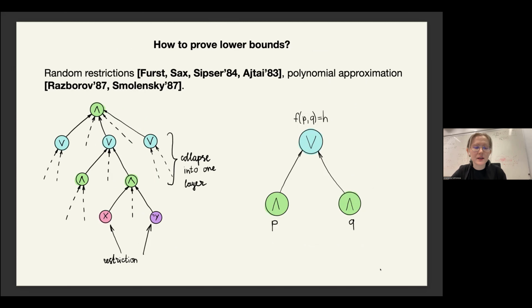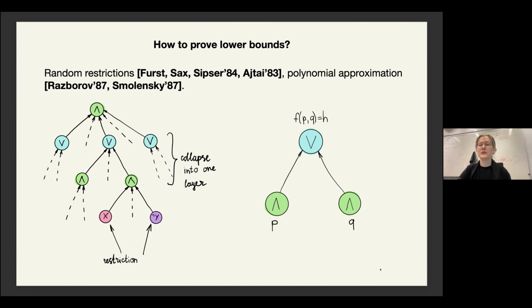The idea is that you have your constant depth circuit of not such a big size. So you can apply a random restriction in such a way that after applying it and killing some of the variables at the bottom, you're able to collapse 2 bottom layers into 1. So you're reducing your depth by 1. You can do this again and again until you get a trivial circuit.